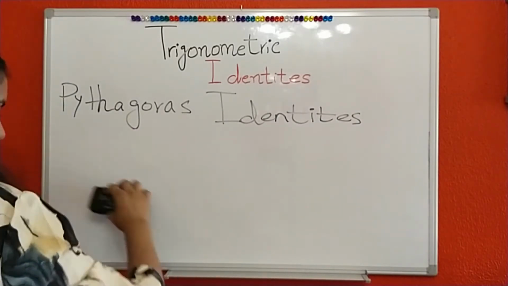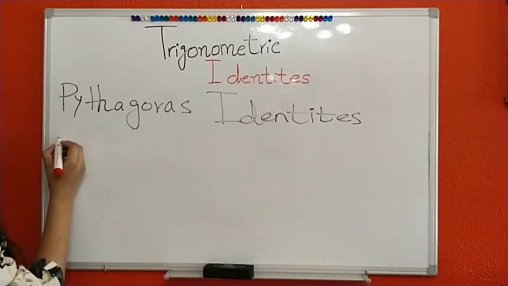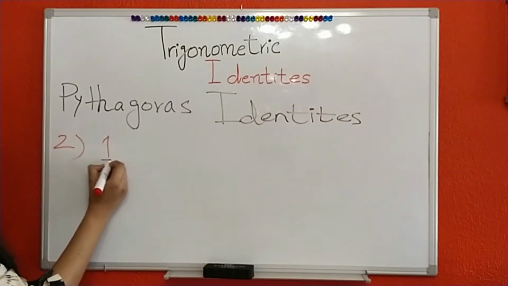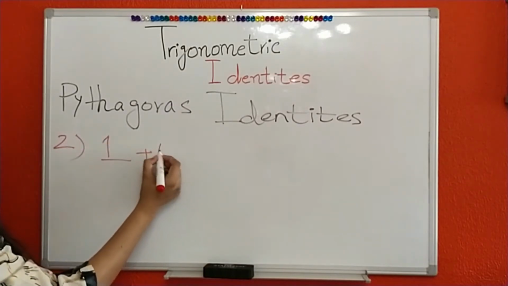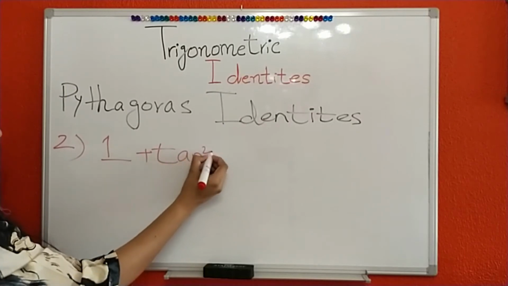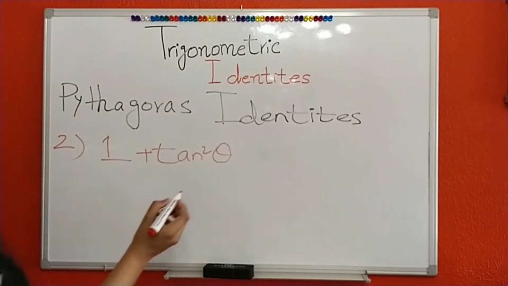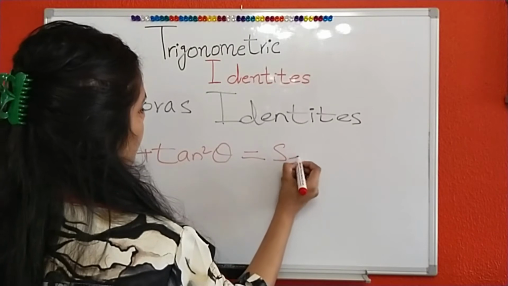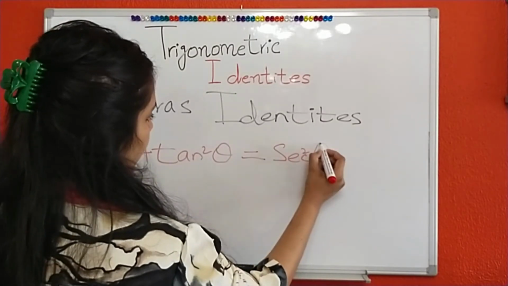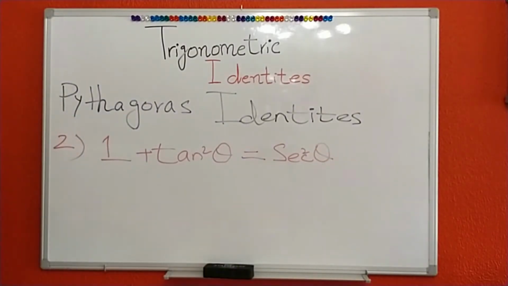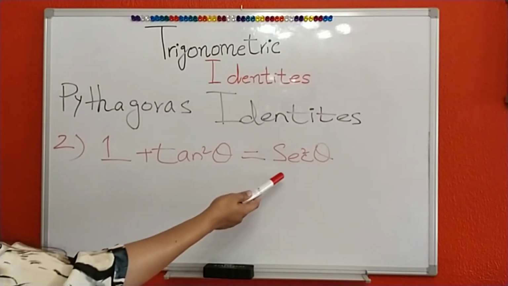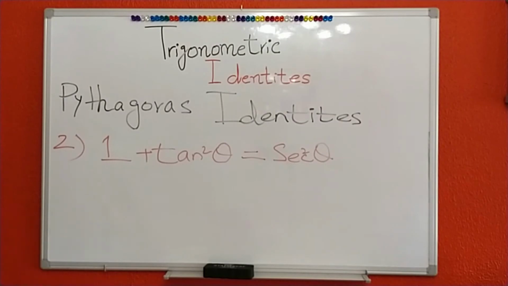Okay, the second one is 1 plus tangent²θ or tan²θ is equal to secant²θ. So this is the formula or identity when we want to convert secant² into tangent.